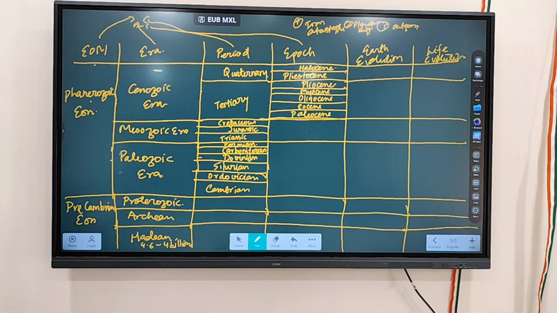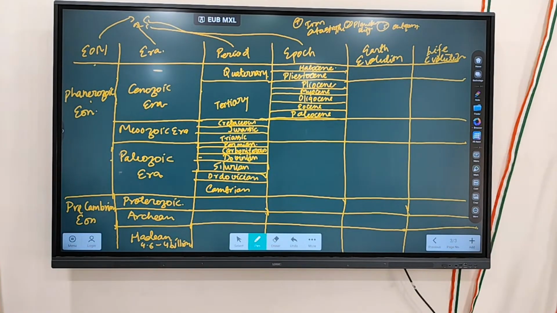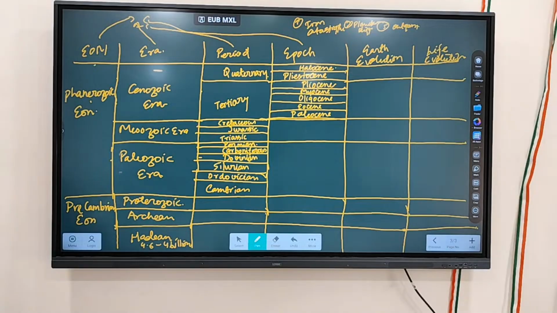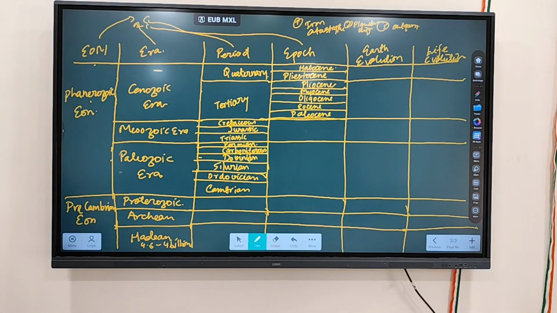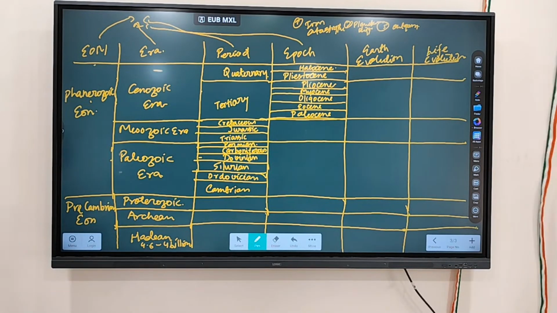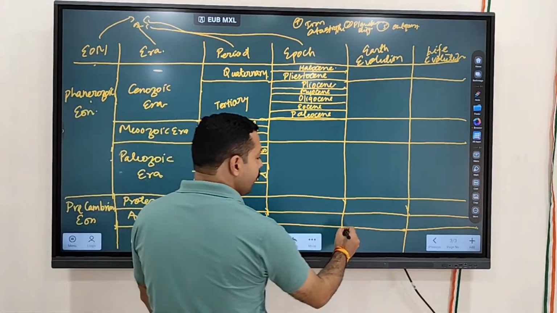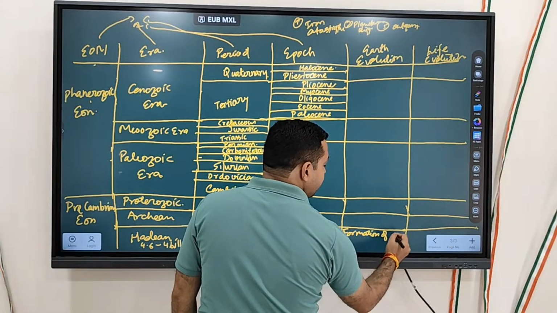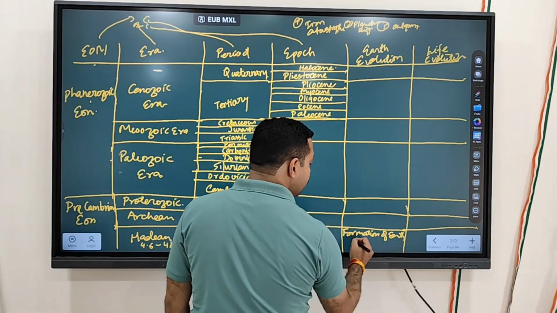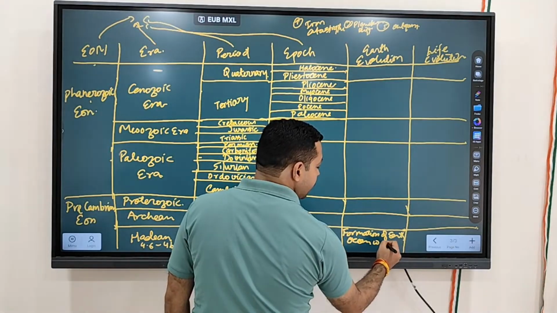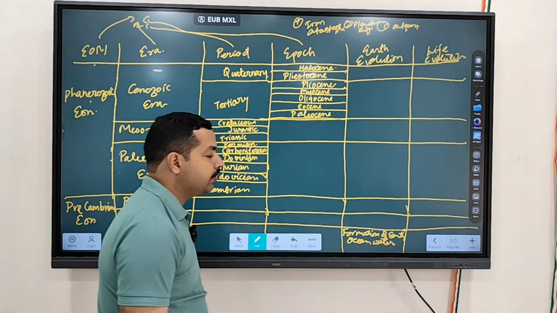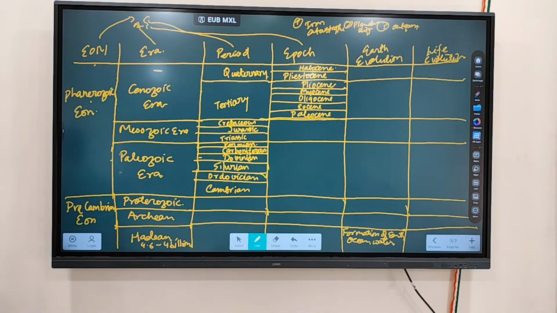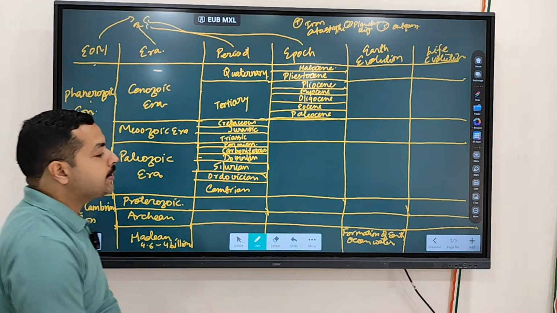So in the Hadean period, 4.6 to 4 billion years ago, what had happened? In this period, the formation of earth has happened. Clear? Along with the formation of earth, you'll see ocean waters also forming on the earth, as well as the basic atmosphere.